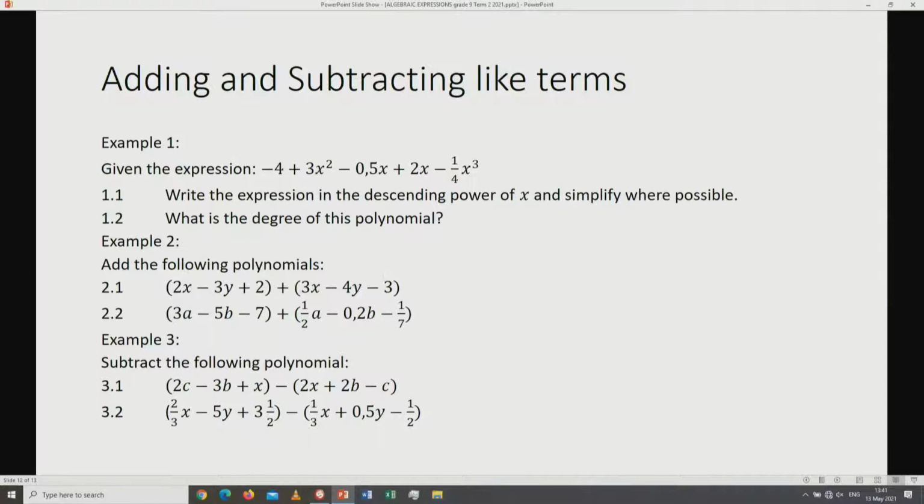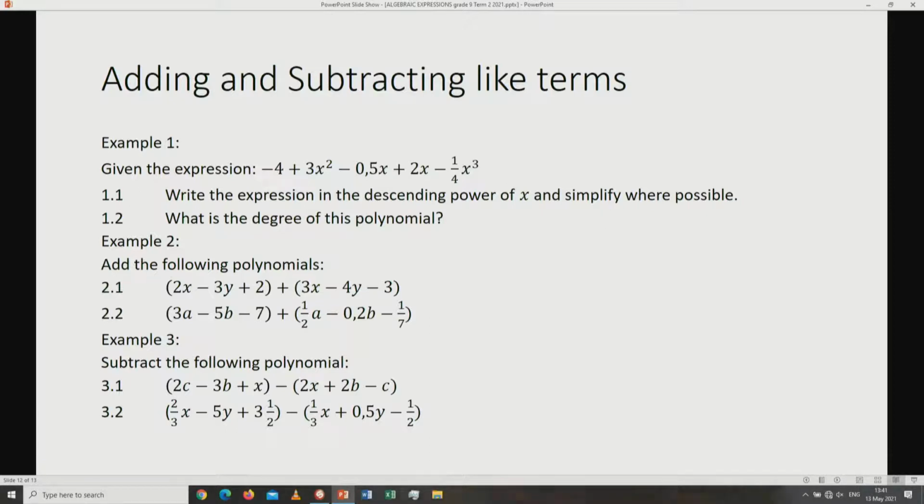So in this case, you would have subtracted this from this. And now the next one, be very careful. These are fractions now. When you subtract those, you must be very careful because now you are working with fractions.